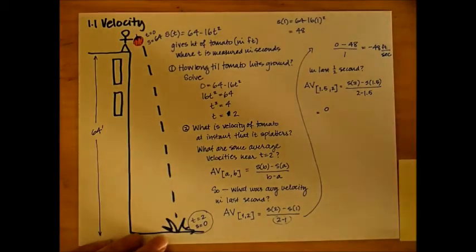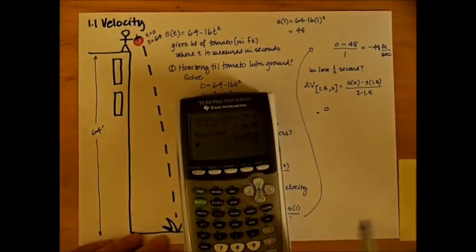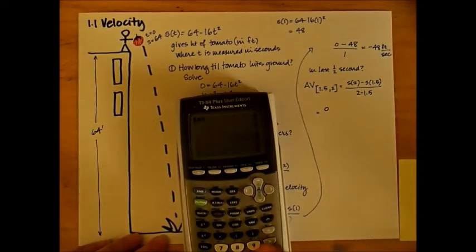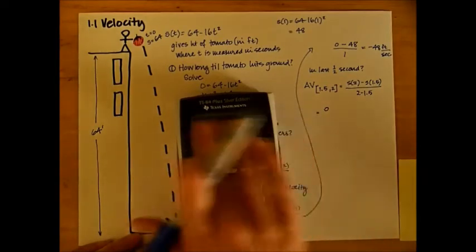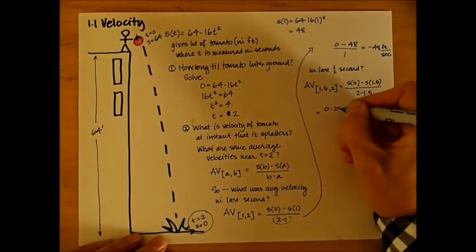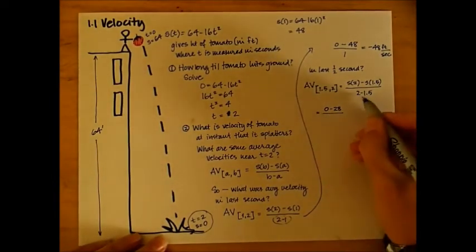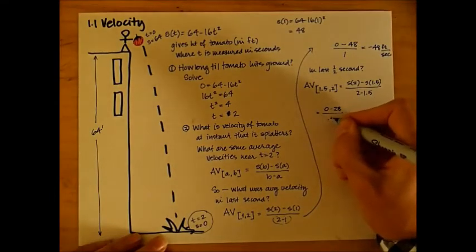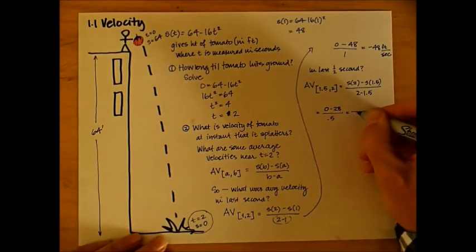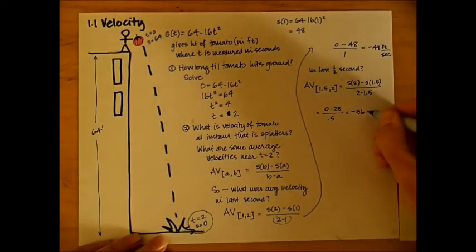Let me do this real quick on the calculator: 64 minus 16 times 1.5 squared. That's 28. So 0 minus 28 all over 2 minus 1.5, which is 1/2. So negative 28 divided by 1/2 is negative 56. And this is in feet per second as well.